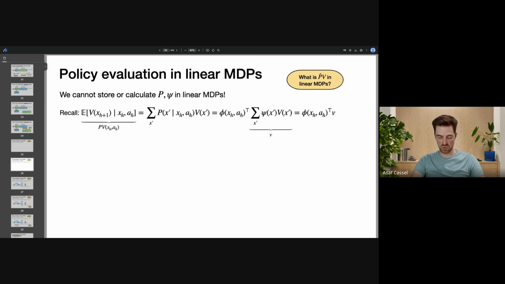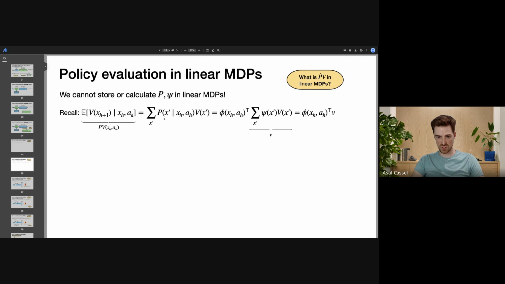But actually, we don't really want to calculate them. All we want to do is calculate these value backups. Okay, so the value backup is the expectation of the value over the next state given the current state and action. So this is actually this quantity PV at X and A.